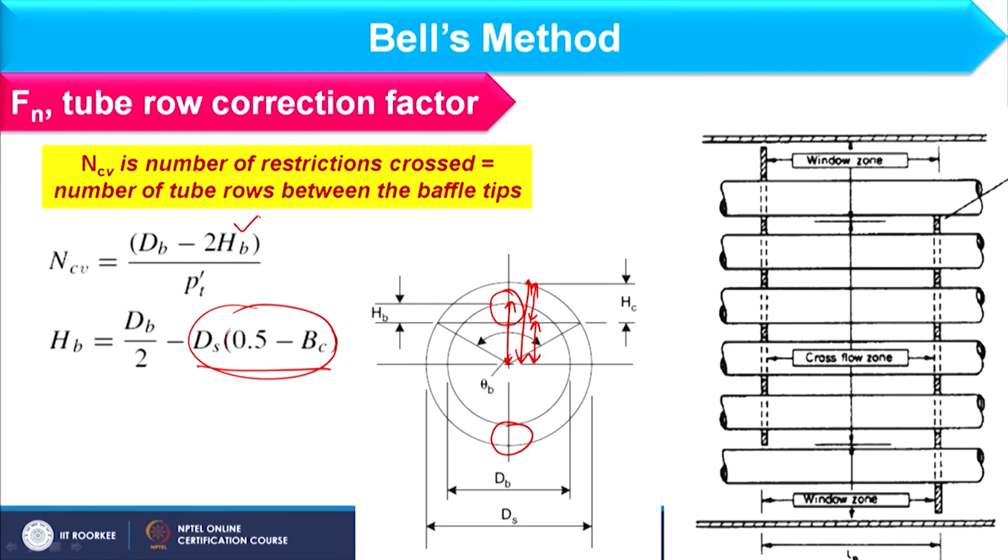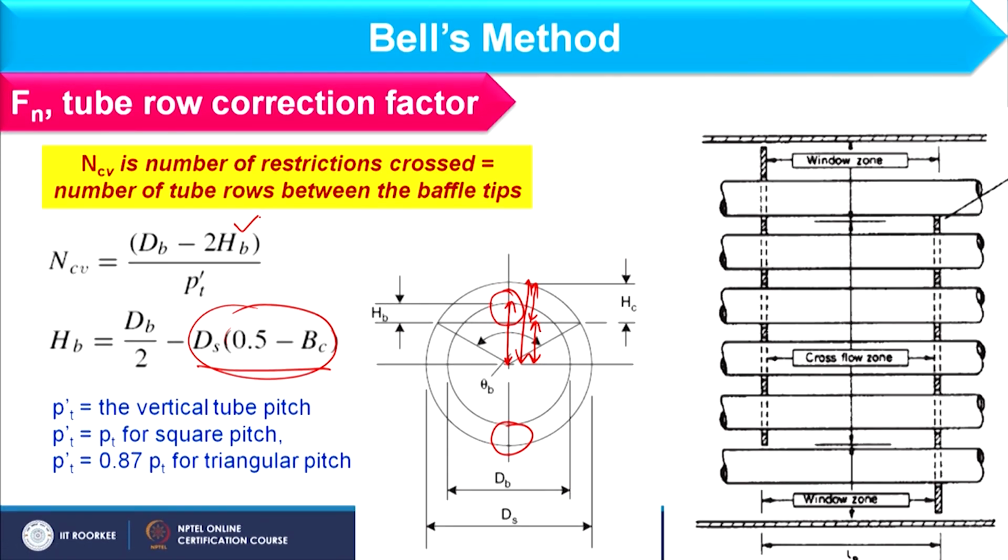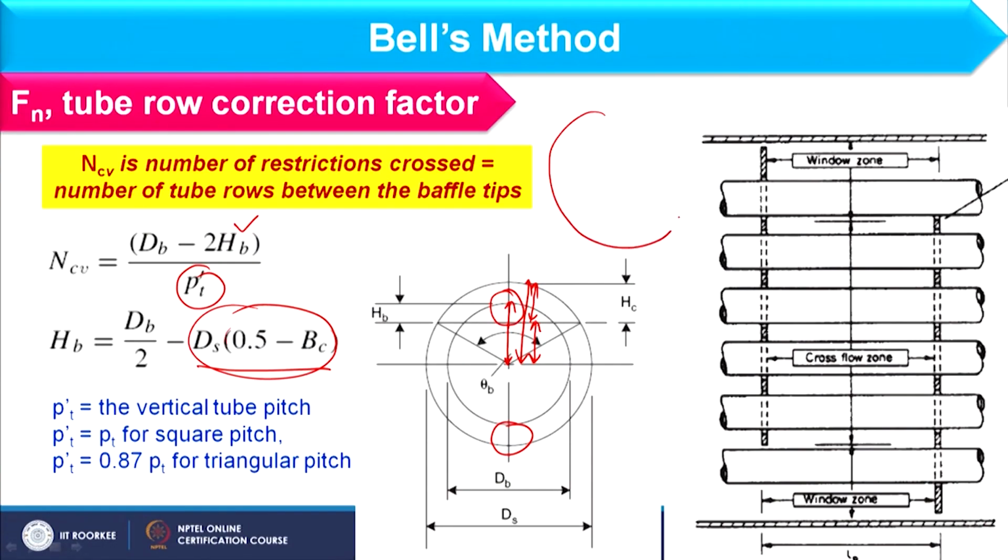So, in this way you can find out NCV, and here another parameter is there, that PT dash. Now, what is this PT dash? PT dash is basically distance between two tube rows. If I am considering cross sectional view of shell like this, and tubes are available like this, it is possible to have triangular pitch as well as a square pitch.